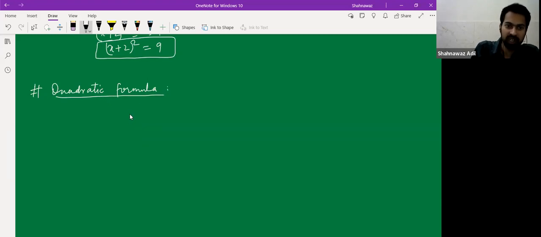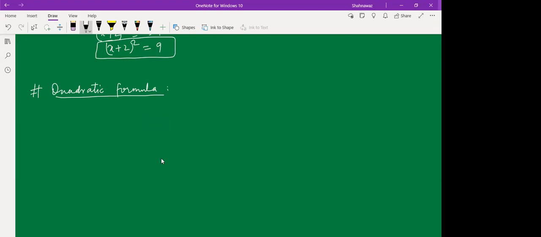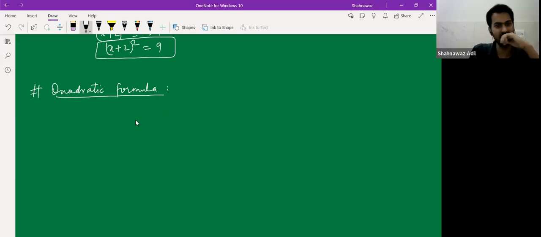So we know that the general form of the quadratic equation, what is that? Yes, so what is the general form of the quadratic equation?